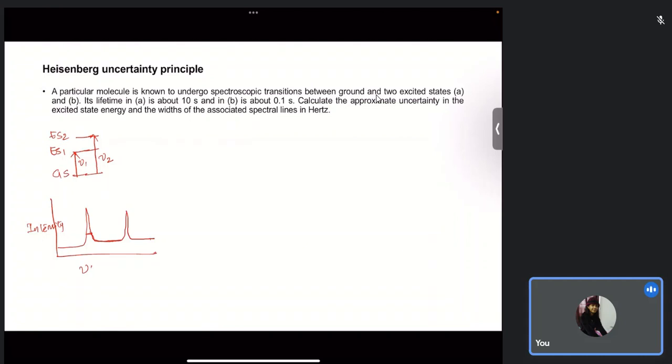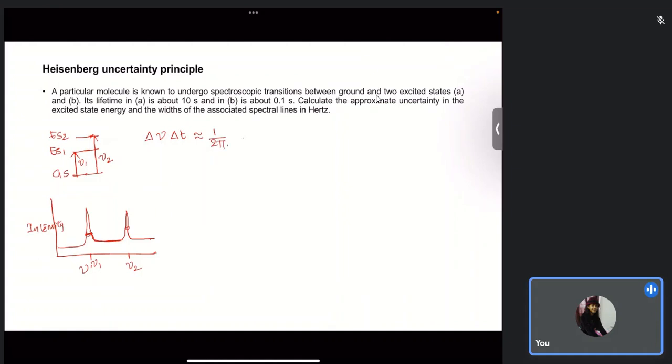We are looking at what is the natural line width corresponding to nu1 and nu2. This can be calculated using the Heisenberg uncertainty principle, which says delta nu into delta T is approximately equal to 1 by 2 pi.